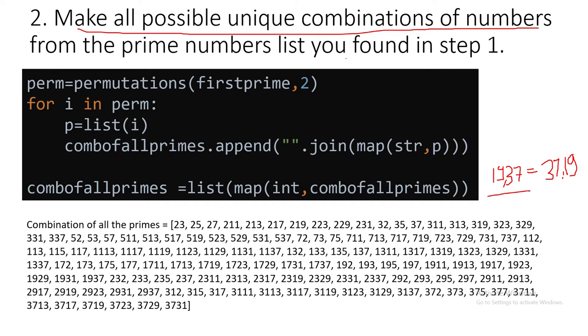Here we have 1937 and also 3719. If we had done combinations, we would have only got 19 and 37. If you don't understand this, you can refer to a tutorial video on combinations and permutations.